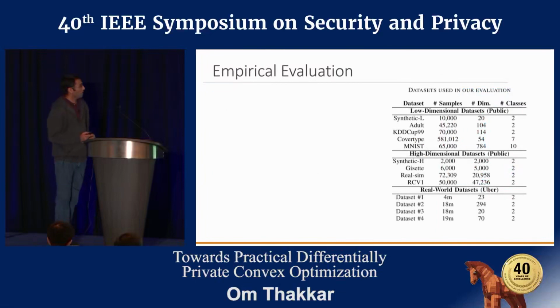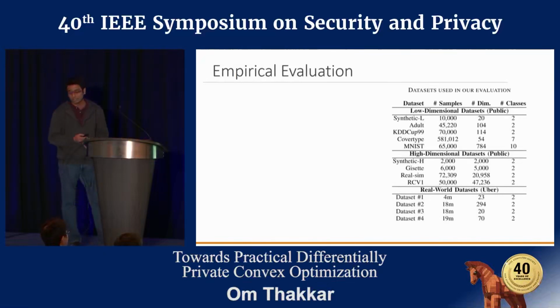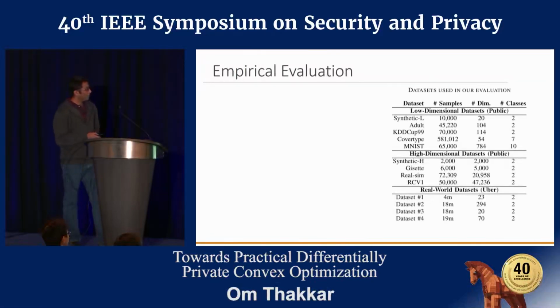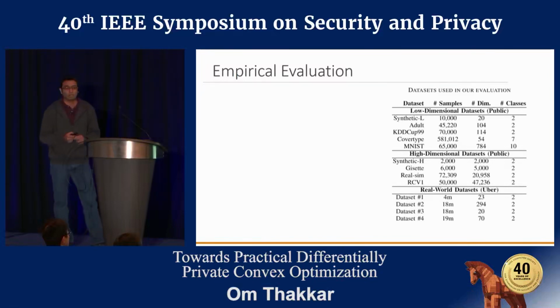So next, I will talk about the second contribution, which is the empirical evaluation. We conduct our evaluation over 13 data sets that we categorize into 3 buckets: low dimensional, high dimensional, and real world data sets that have been obtained by a collaboration with Uber.